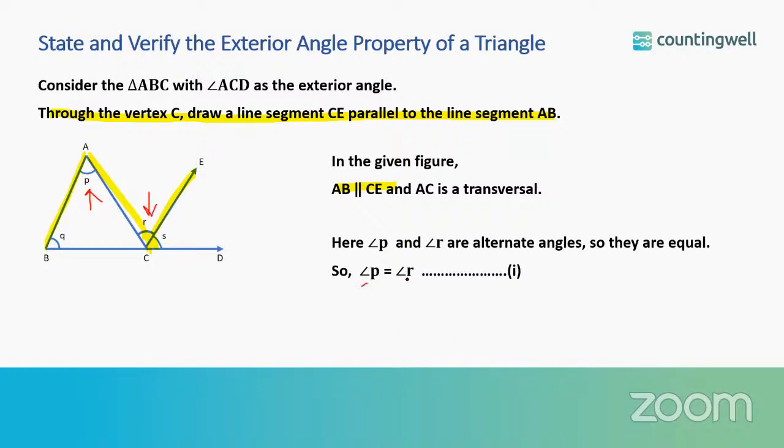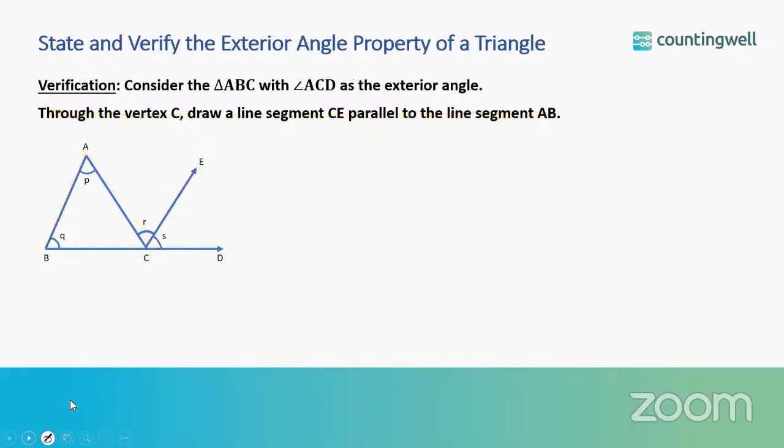So they should be equal because we have AB parallel to CE and AC as transversal. If a transversal intersects two parallel lines, then the alternate angles formed are equal. That's why we have angle P is equal to angle R.